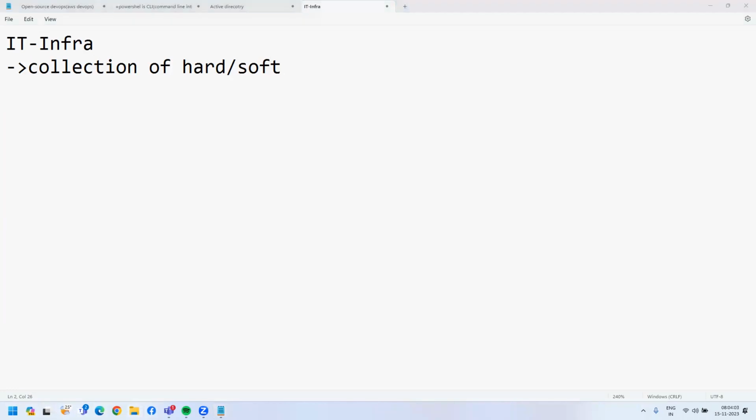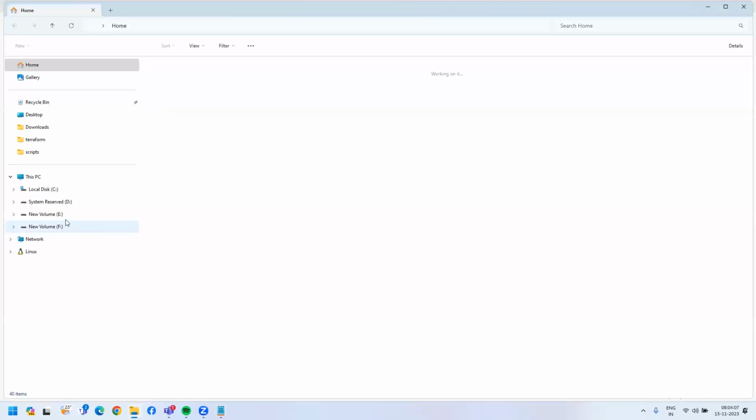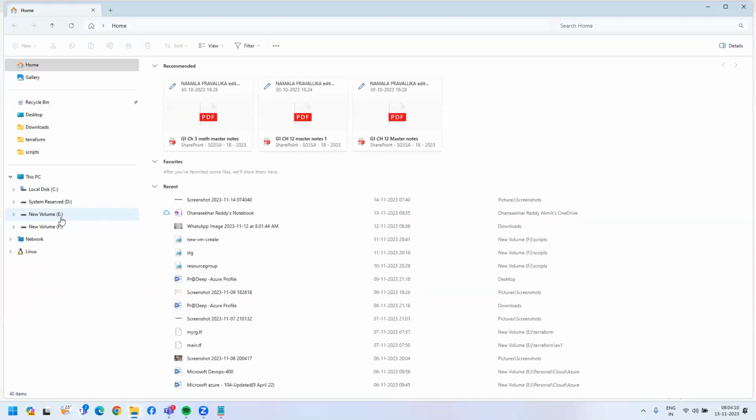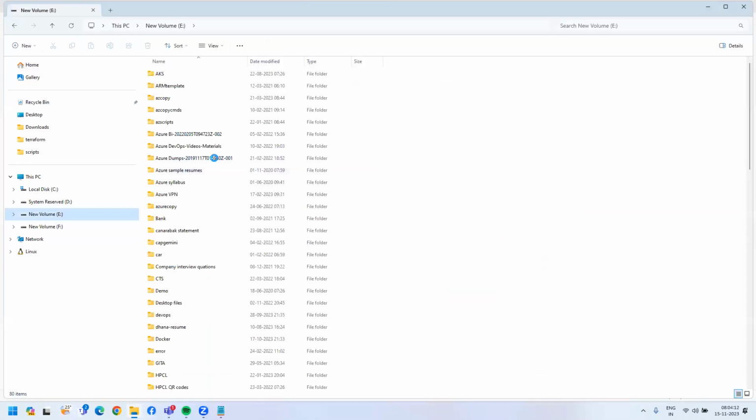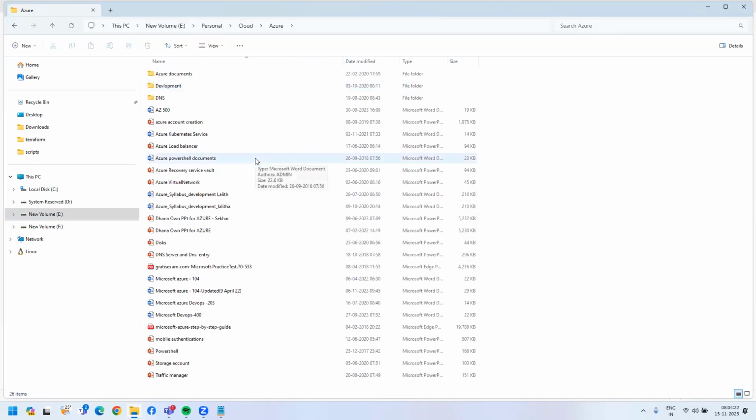Simply we can say if we enter into any IT organization, whatever the things are visible, we will call them IT infrastructure. What are the things that are visible?